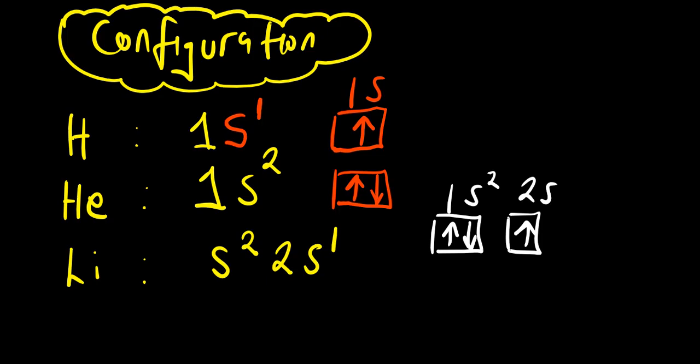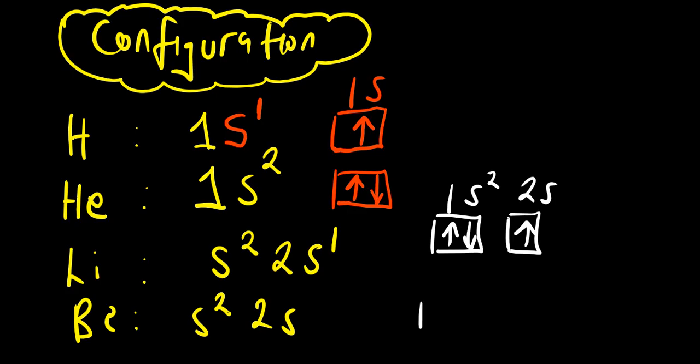Let's also represent beryllium, which is Be. It is number 4. So the 1s will fill first, then your 2s, the second subshell.